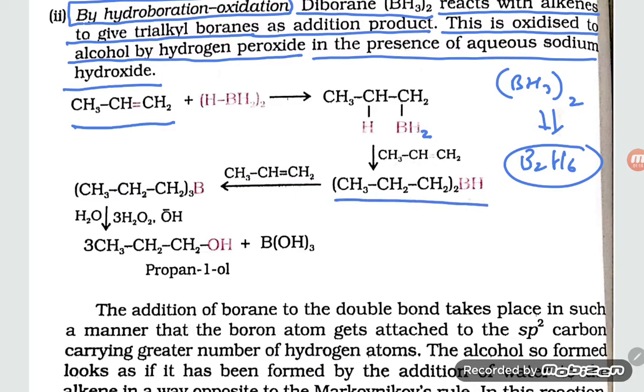So it is giving what, student? That is CH3 CH2 CH2 dialkyl borane, and then again one molecule of CH3 CH2 CH2, that is trialkyl borane, which in the presence of sodium hydroxide and H2O2 is oxidized to propan-1-ol and B(OH)3.